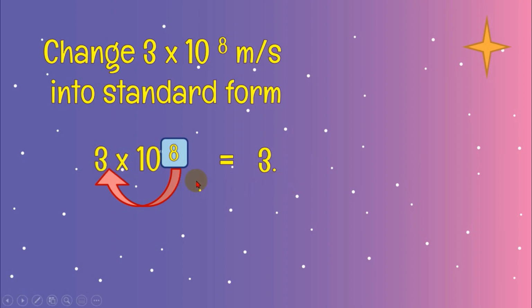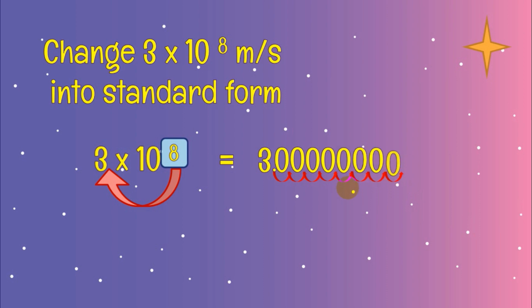Then, what are you going to do next? Siyempre, move na natin yung decimal point, 8 times going to the right. So, 3, 4, 5, 6, 7, 8. Okay, and then add zeros there. After adding zeros, what are you going to do next? Remove the decimal point here. You don't need that kasi inilipat mo na nga siya dito. Tinanggal ko na yung mga arrows kasi hindi natin yun kailangan.